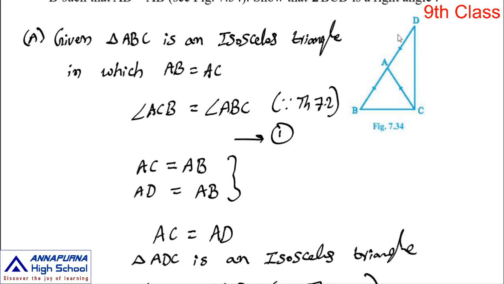See the figure. ADC is an isosceles triangle and angle BAC is an exterior angle. Again by using the exterior angle property, one exterior angle is equal to the sum of the two opposite interior angles.